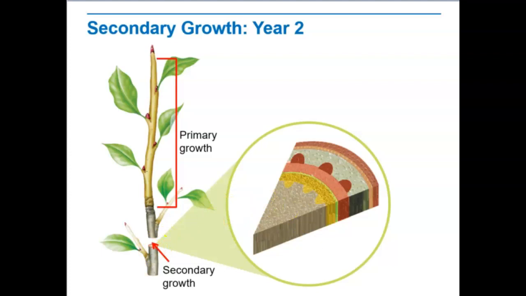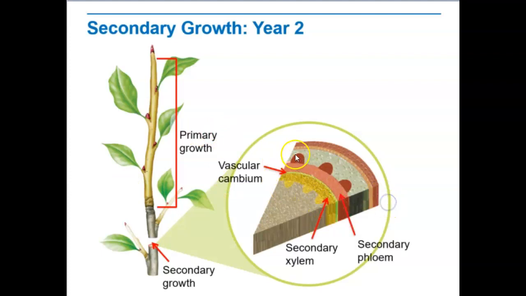So in secondary growth, the vascular cambium divides, producing secondary xylem to the inside and secondary phloem to the outside. So vascular cambium once again is the green. The secondary xylem is on the inside, and the secondary phloem is on the outside.